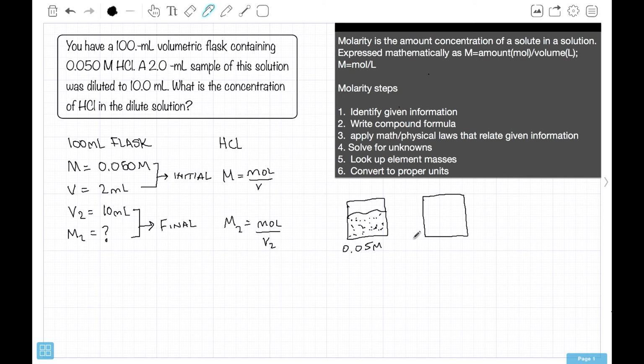Now, you're going to take a 2 milliliter portion of this, and you're going to drop it into this new container. And you're going to fill that new container with water until you have 10 milliliters.